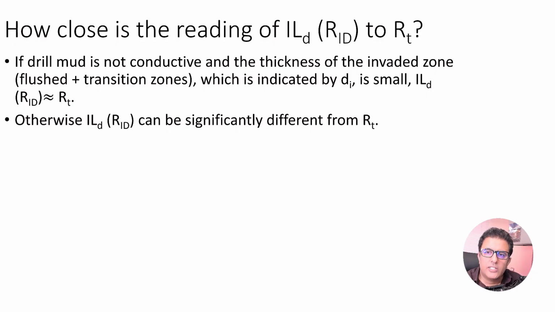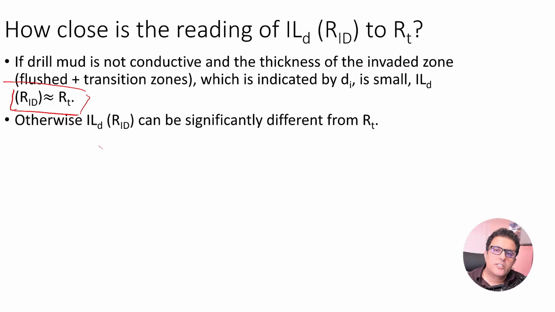Although RID is affected by the resistivity of, in particular, the transition zone and also a little bit of the flushed zone, they have noticed that in many scenarios RT is very close to RID. So this is an important question that I may raise here: under what geological conditions is RID close to RT? Why is this question important?